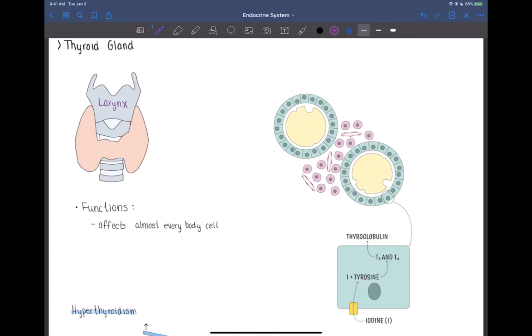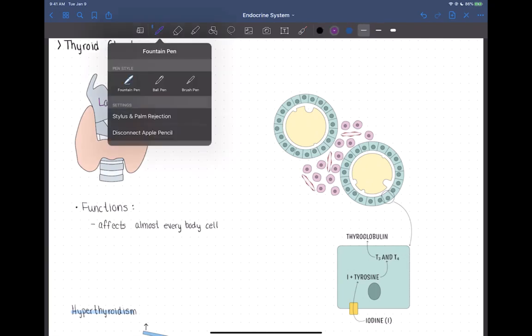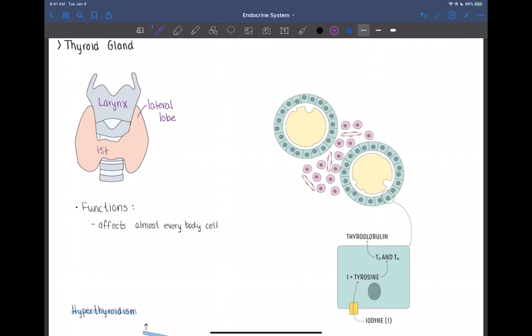It has 2 lateral lobes. All right, so that would be one lateral lobe, and then there would be another lateral lobe over here, and they are connected in the middle by the isthmus. All right, so that's in the middle connecting the 2.